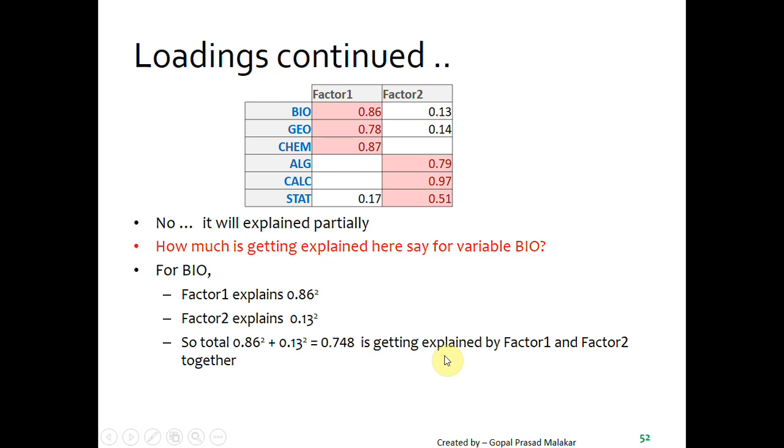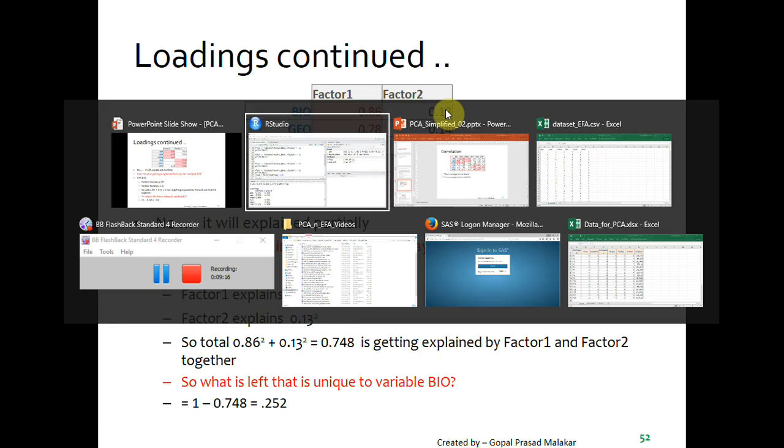So what percentage of biology variance remains unexplained by factor 1 and factor 2? That is 1 minus 0.748. That is the uniqueness of the biology variable, which is not getting explained by factor 1 and factor 2, and that's what R produces.